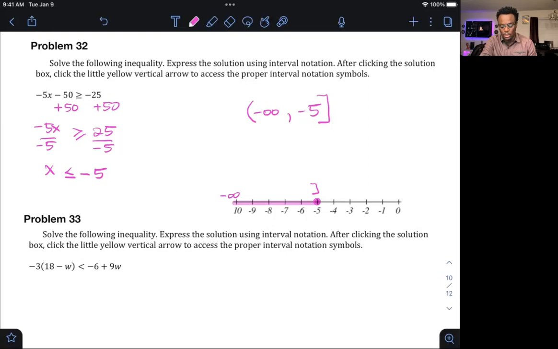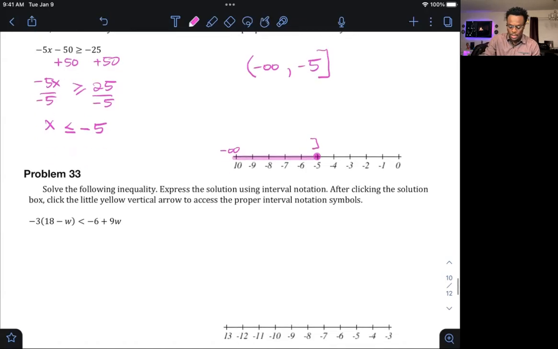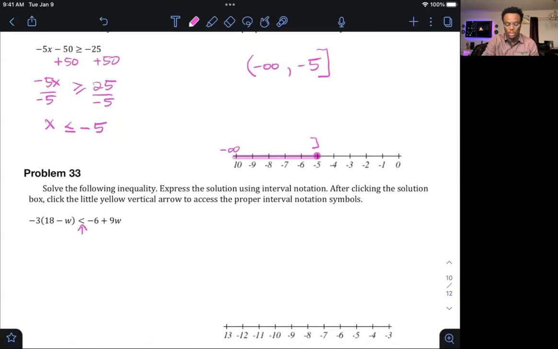If it's a closed circle, or you have or equal, that means including the value, then you will need to keep a bracket. In the case of an open circle, you're not going to keep a bracket on the number, because it's not included. With no equal sign, it's not included. So you would put parentheses both on infinity and the number.